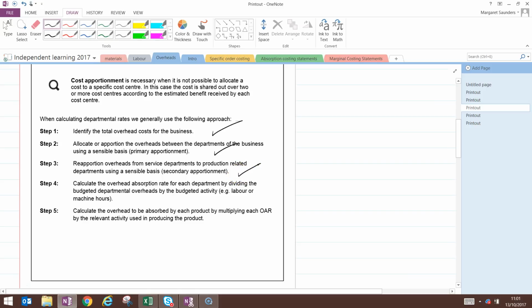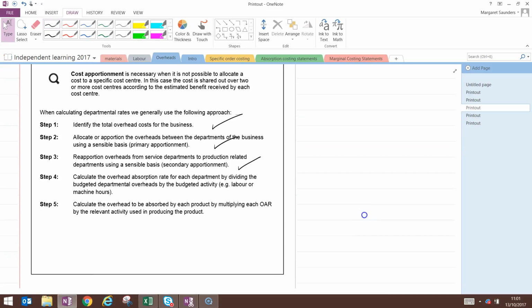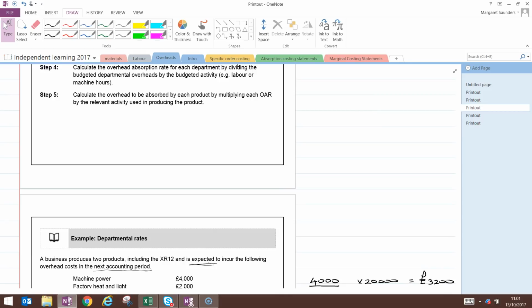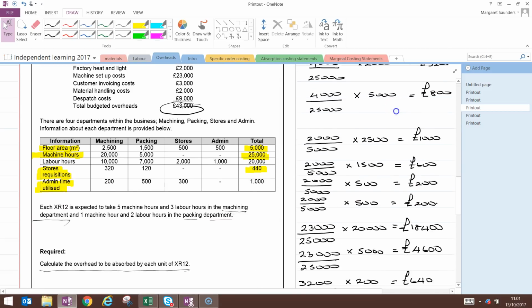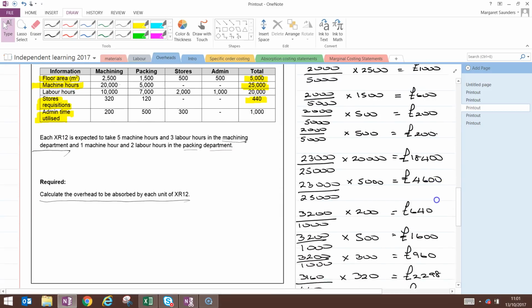So now step 4 is to calculate the overhead absorption rate, and step 5, the overhead to be absorbed. So it's an overhead absorption rate per department, and it's per production department.